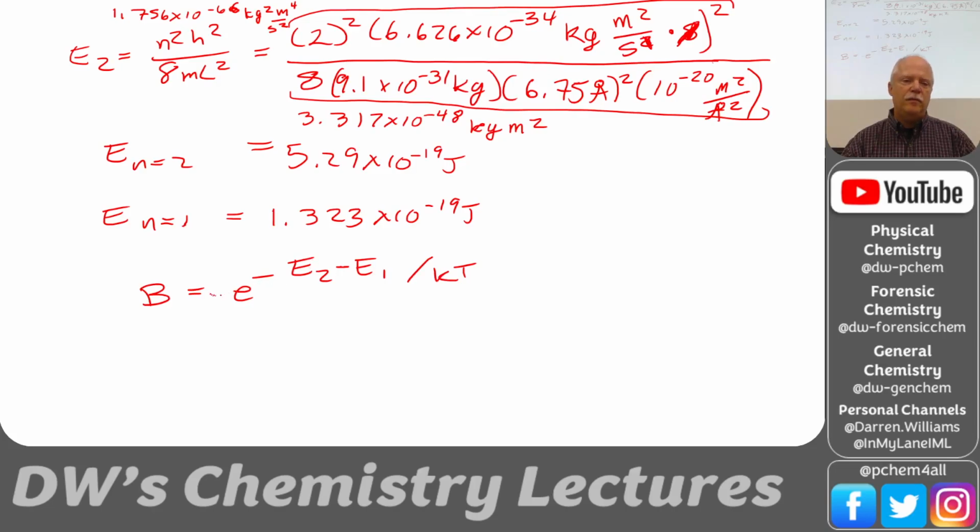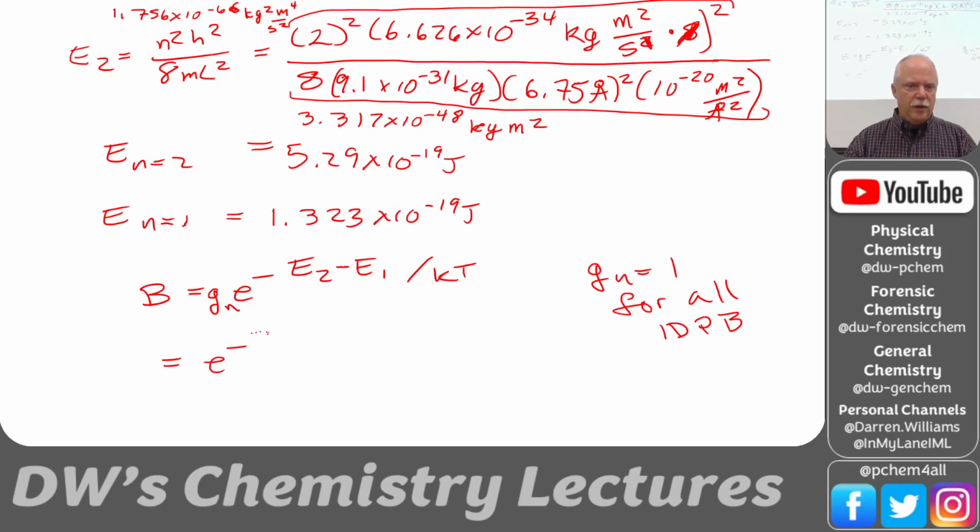I'll put it in here: g sub n is equal to 1 for all 1D particle in a box problems. So then we end up with e to the minus 5.29 times 10 to the minus 19, taking a difference.